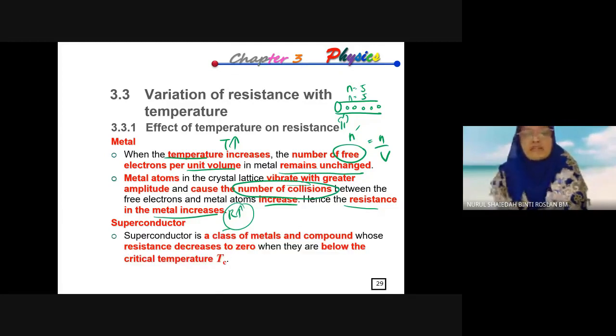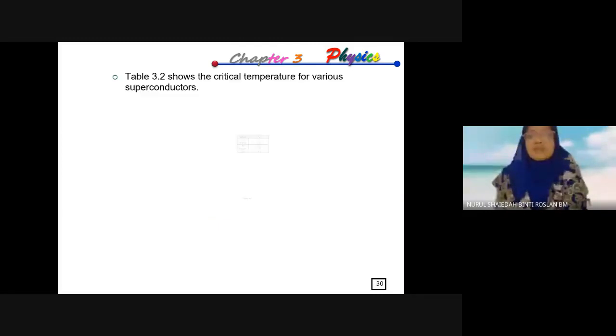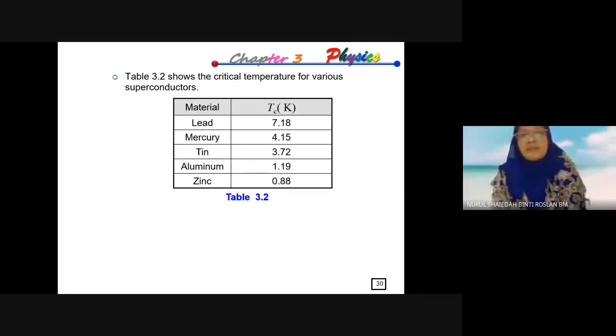Okay, superconductor. Tapi dalam superconductor, a class of metal and compound whose resistance decrease to zero when they are below the critical temperature. So superconductor adalah sejenis metal. Dia adalah class of metal, dia keturunan metal and compound whose resistance decrease to zero. Dia boleh buat R equals to zero below the critical temperature. Okay. Ini contoh superconductor lah, lead, mercury, tin, aluminium, zinc.